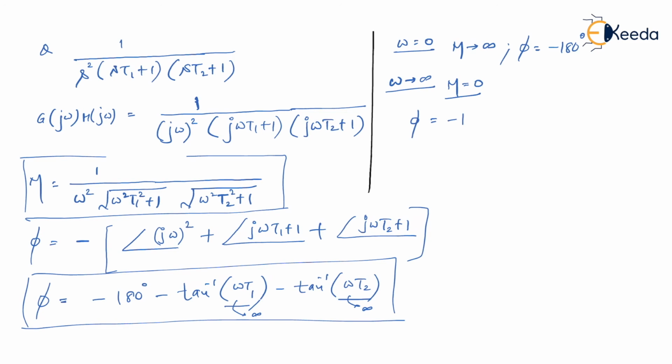Phase angle becomes minus 180, minus 90, minus 90. And minus 90 minus 90 is what? Come on. It is minus 180. And minus 180 minus 180 is what? Come on. It is minus 360 degree. Isn't it?